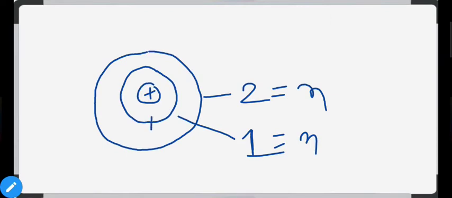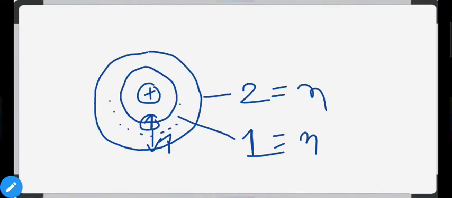Let us say the electron is present here in the first allowed orbit, and if the electron wants to jump from this to this, from the first to the second state, it must absorb energy, and the electron cannot be between these two allowed states.